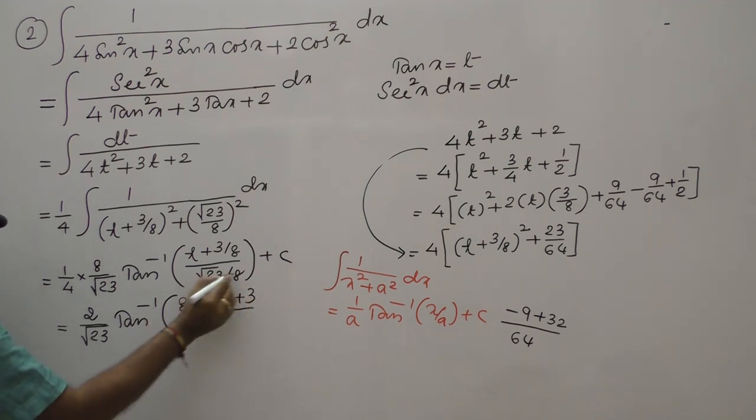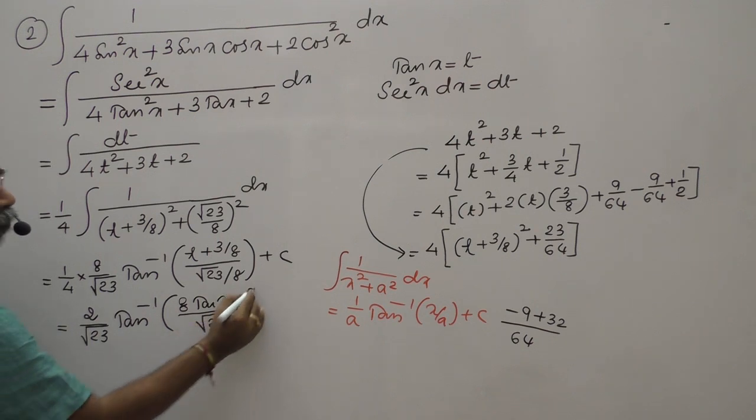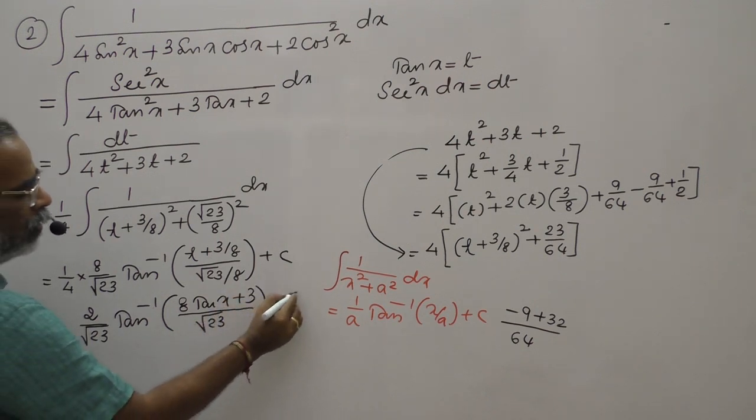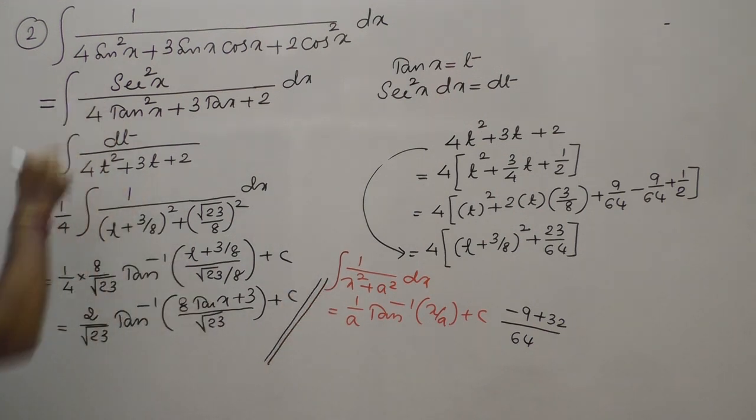This LCM and 8 in the denominator get cancelled. This is the integral of the given integrand. Yes, this was type 1 in rational trigonometric functions. Now we will see type 2 of this.